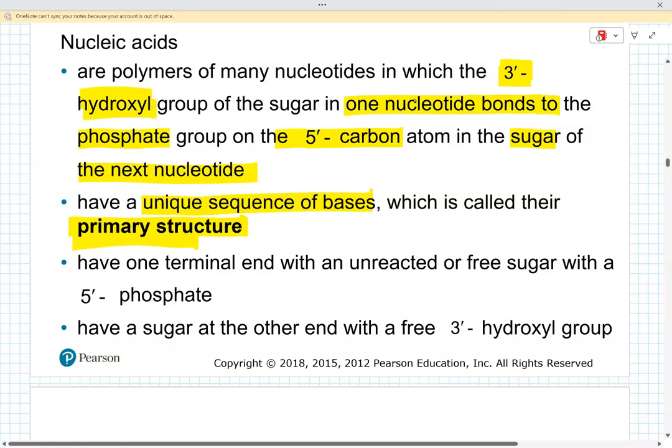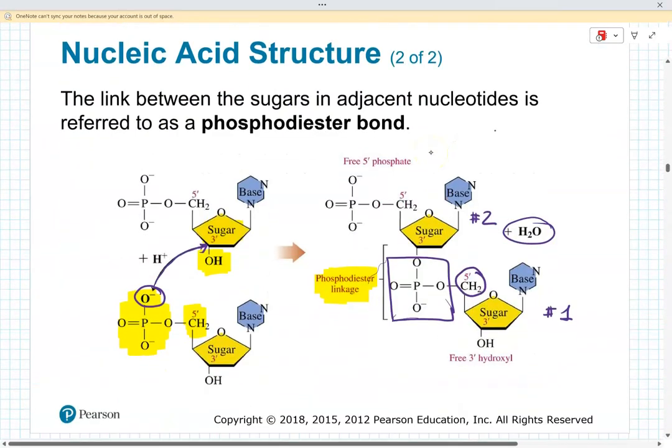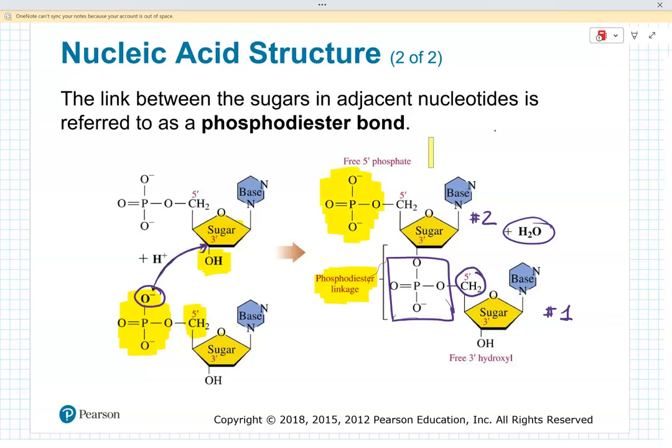And I want you to acknowledge something else here. If you will be building this sort of line of nucleotides and adding more and more, you're going to have one end of that chain having a free phosphate. Clear? You have another end of the chain having a free hydroxyl. Can you see that?